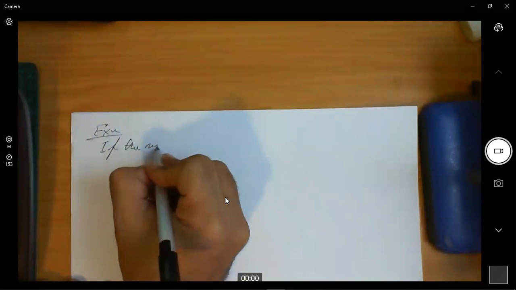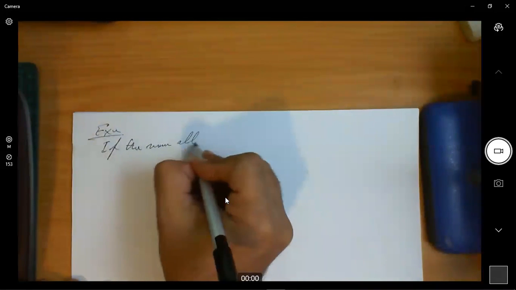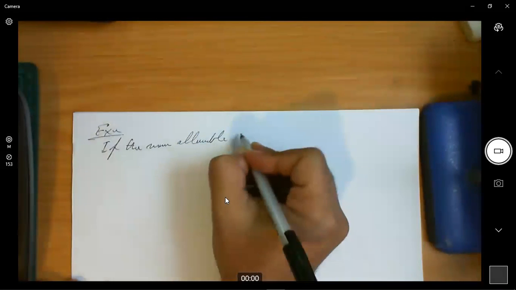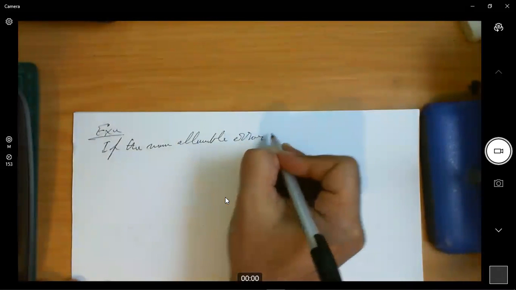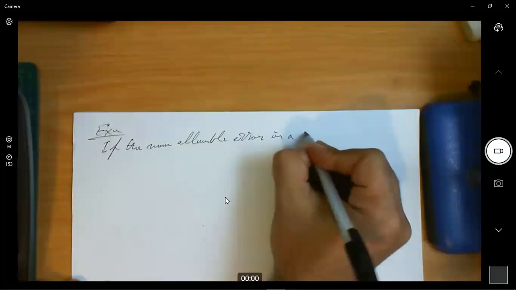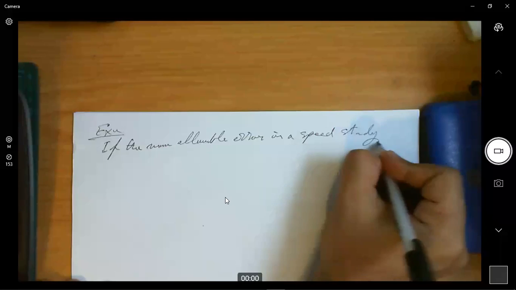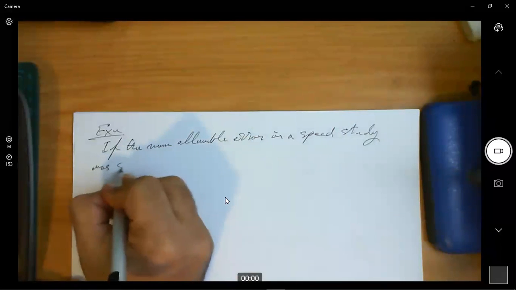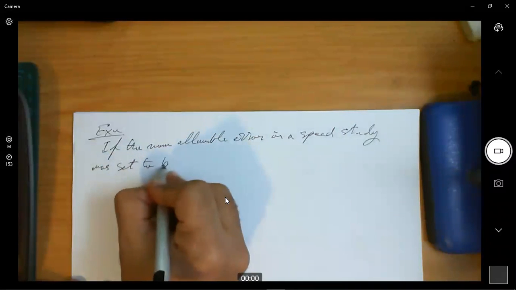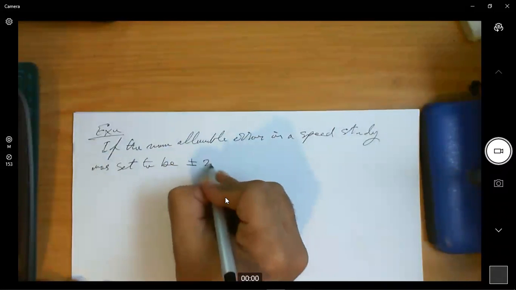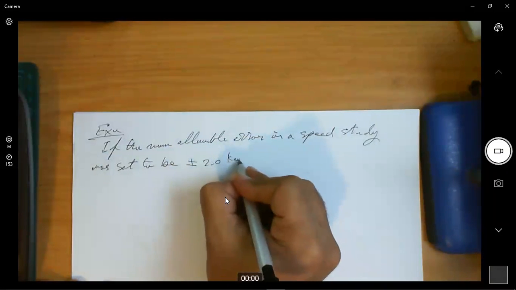The maximum allowable error in a speed study was set to be plus or minus 2.0 kilometers per hour.